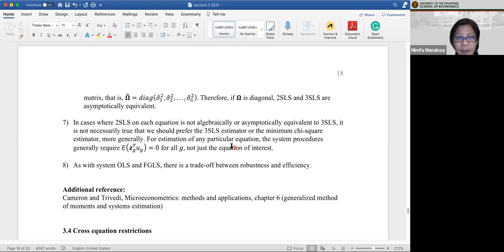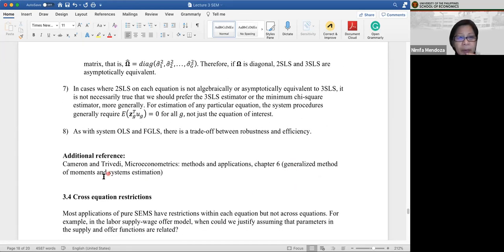So here we see for a system procedure, we have this requirement. And on efficiency, if the equations are correctly specified, then the system procedure can give you more efficient estimates.